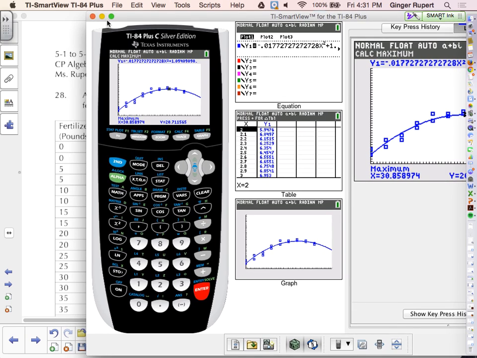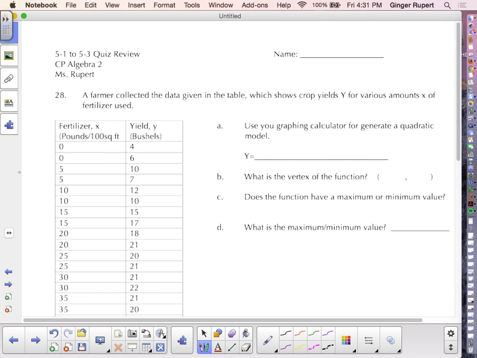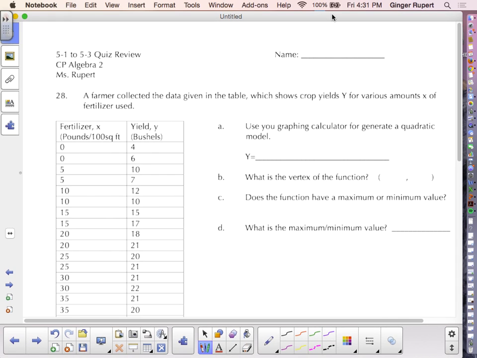Okay, so let's take a look at entering our information on our worksheet. Rounding this to 3 decimals gives me y is equal to negative 0.018 x squared plus 1.094 x plus 3.83.